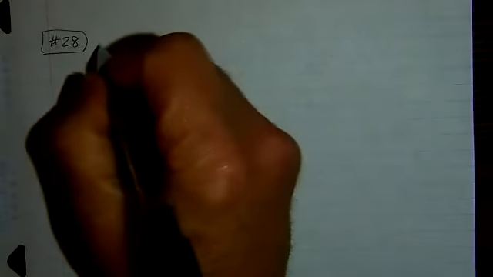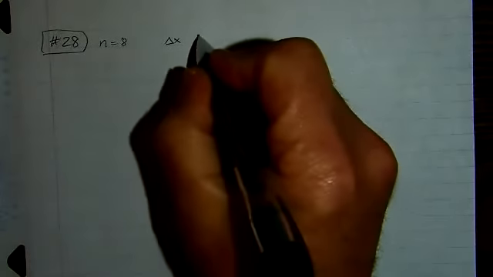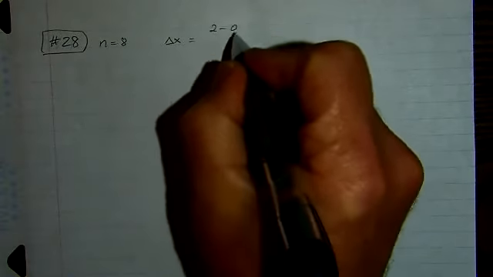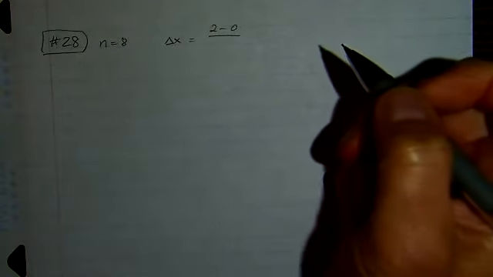Okay, enough of the picture. We're going to go straight to working out the problem. Follow along carefully with the steps, and then go back and compare this to example 4 in your book, and you'll see the flow of how this works. The first thing to notice is n is 8. We have 8 rectangles. Delta x, the width of our rectangle, is the difference between the beginning and end points of x.